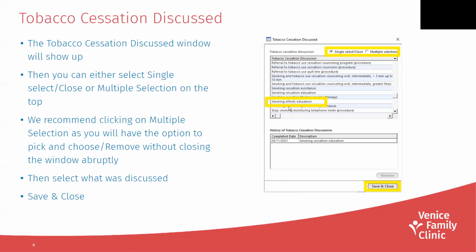You can also choose smoking effects education. Once you select this, I do want to point out that the window will automatically close for you, but it does save the progress. But if it doesn't close for you, you always want to make sure you go ahead and select save and close.